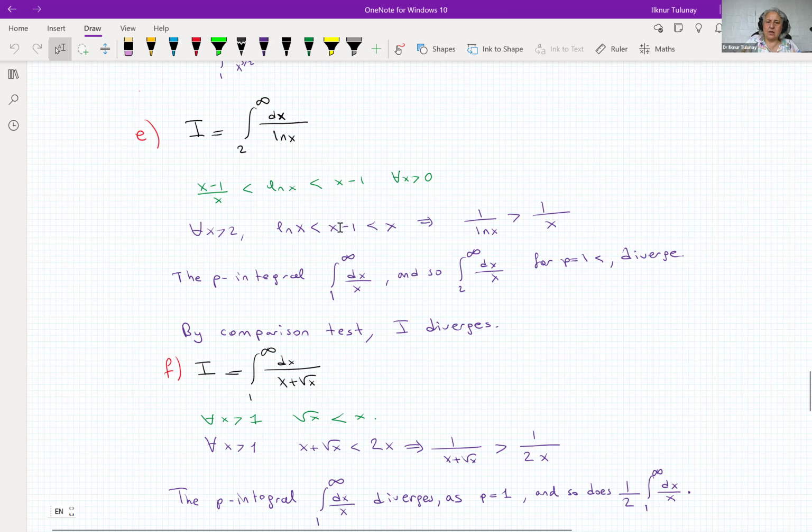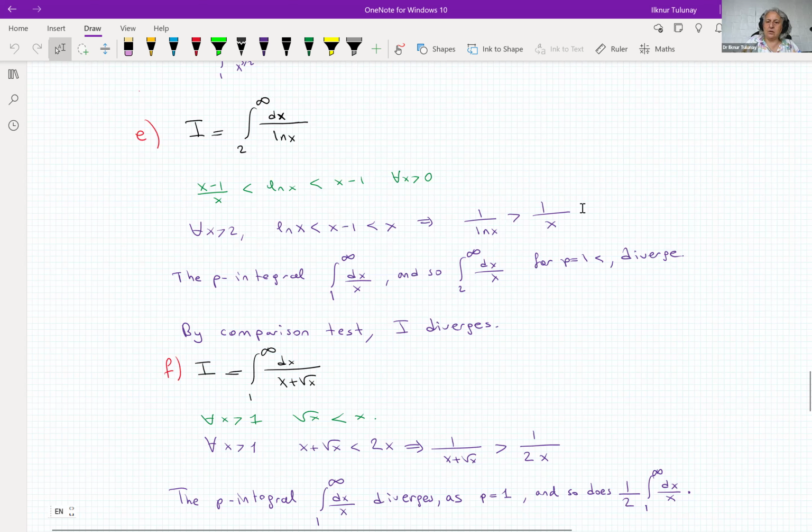So x is always bigger than x minus 1 for x bigger than 2. That's what I want to say. Since I have this inequality and I have this inequality, I have ln x smaller than x. Then we flip over, 1 over ln x will be bigger than 1 over x.